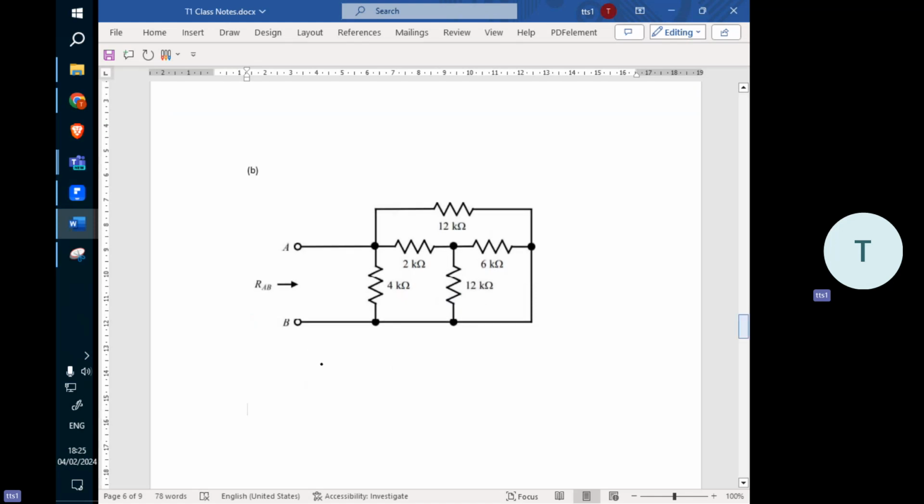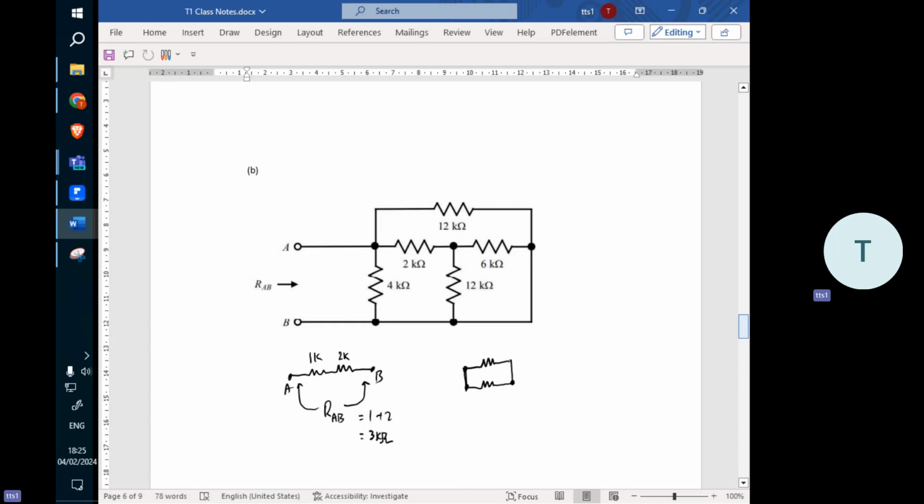This one is easy because, as you know, when you have two resistors in series, for example, 1K and 2K, with A and B terminals, the total equivalent resistance RAB is equal to 1 plus 2 equal to 3K ohm. If you have a 1K and another 2K that are parallel, parallel means they share a common node.